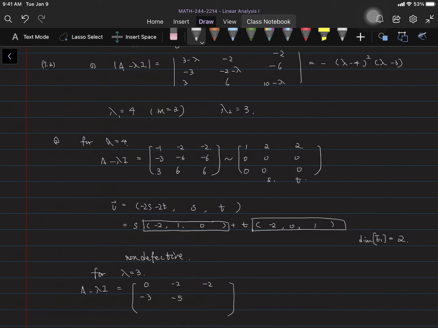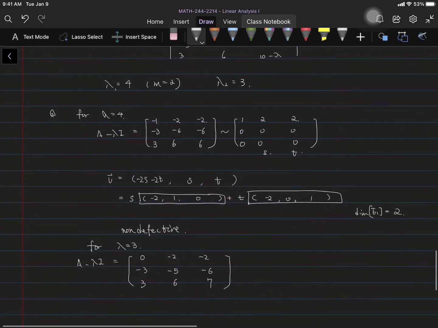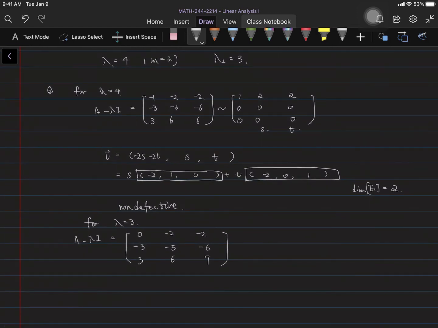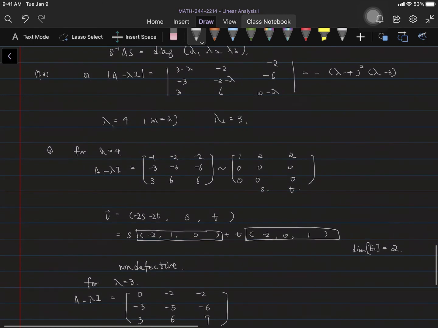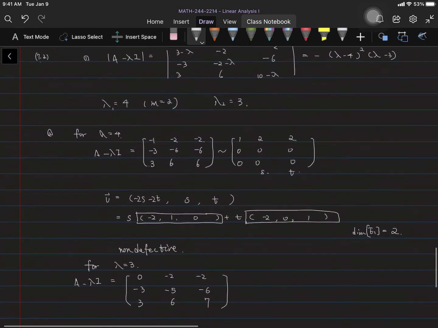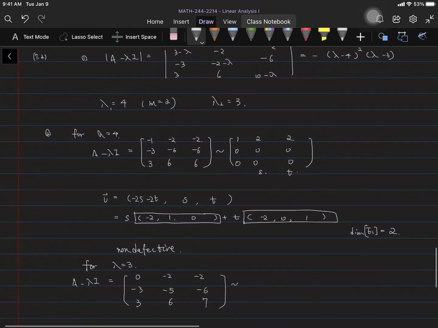No, sorry, -2 minus 3, yeah, -5. Okay, and then -6. Here should be 3, 6, 10 minus 3, 7. Okay, we need to simplify this a little bit. Lambda equals 3. Yeah, we are right. Everything's correct. Let's see.